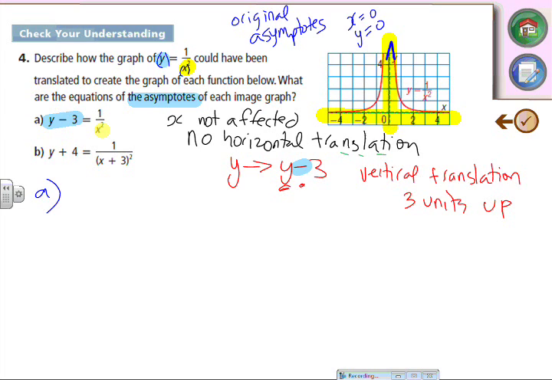I'm just moving it straight up along itself. But this horizontal asymptote, if I move it up 3, because I'm moving everything up 3, that asymptote is going to change. So the first one, x equals 0, is going to stay as x equals 0. Y equals 0 goes up 3, 1, 2, 3. So we got a new asymptote at y equals 3.